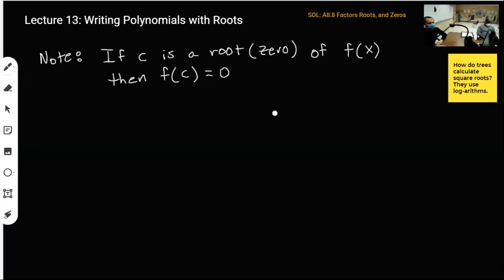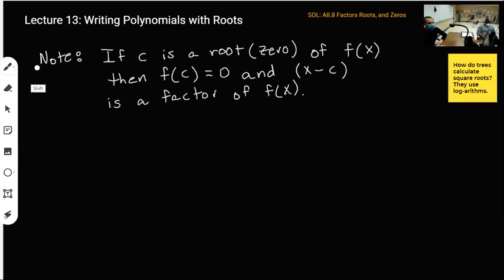And we can also say something else. x minus C, I'll put that in parentheses, x minus C is a factor of the function f of x. Okay? So x minus C is always going to be a factor, and that is very important.